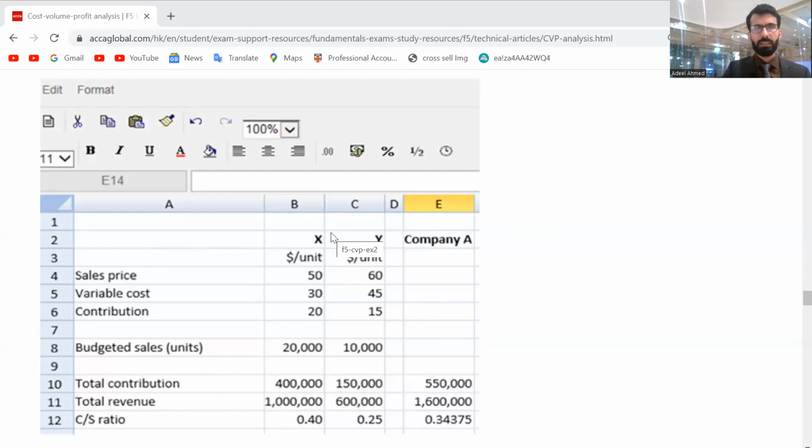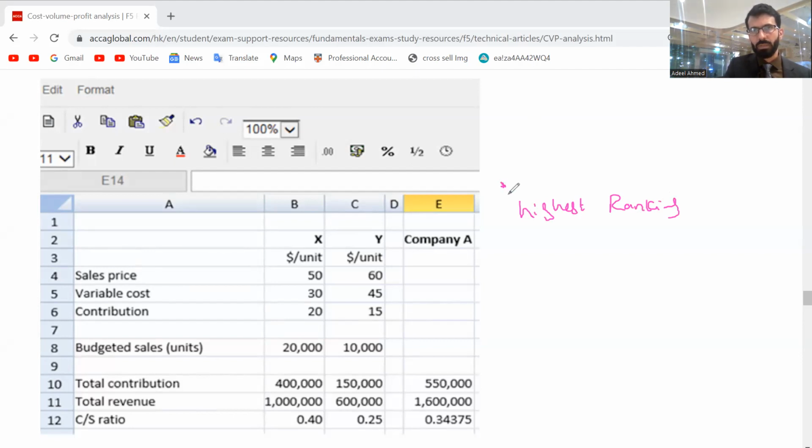So what you can see is that we can apply here two assumptions. If you remember, we discussed earlier in the calculation part how we can apply these two assumptions. One of the assumptions was that the product will be produced and sold in order of the highest ranking CS ratio.